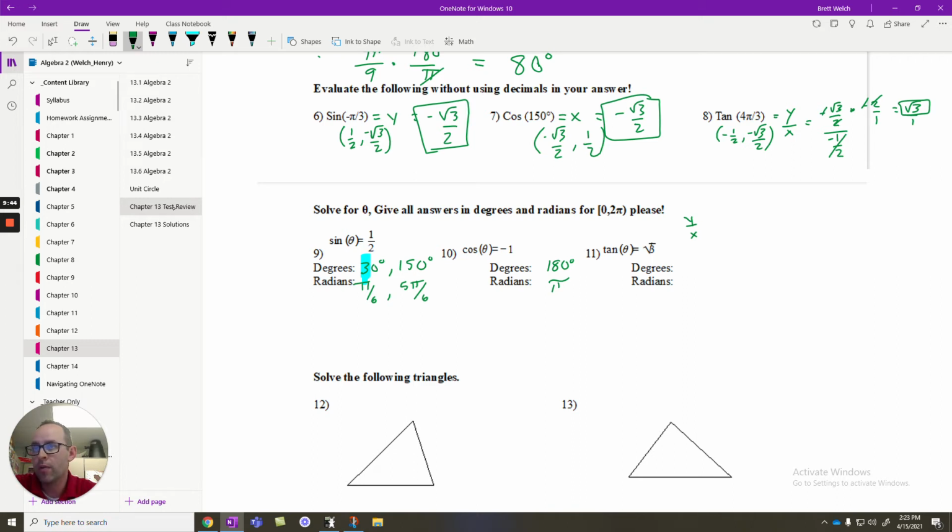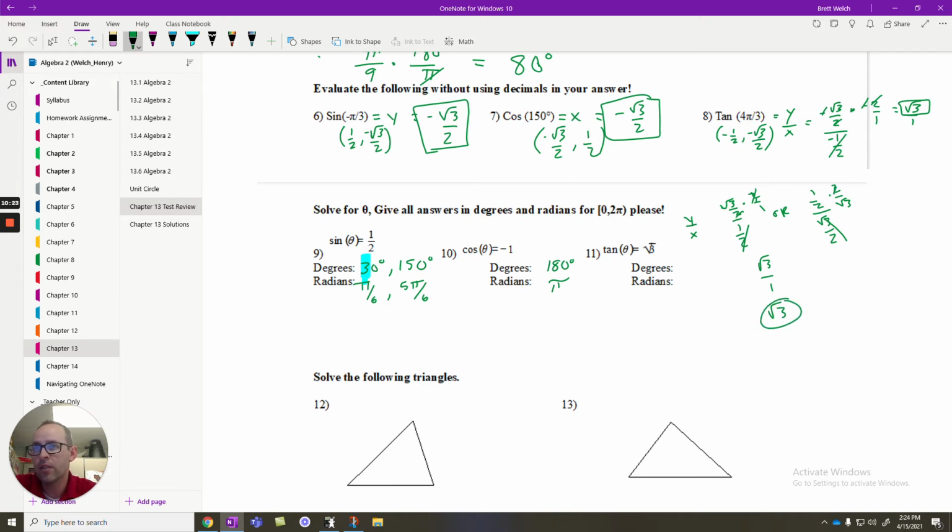So either I want root 3 over 2 over 1 over 2, or I want 1 over 2 over root 3 over 2. Well, if I flip and multiply each of these, I get 2 over 1. I get 2 over root 3. Over here, the 2's cancel. And I get root 3 over 1, which is just root 3. That's the answer that we're looking for our tangent to be.